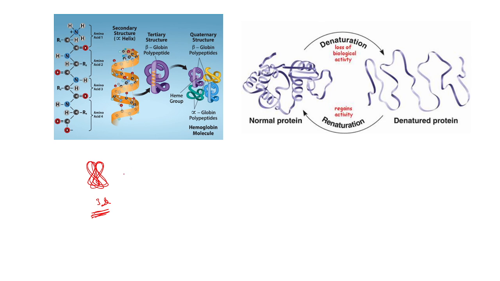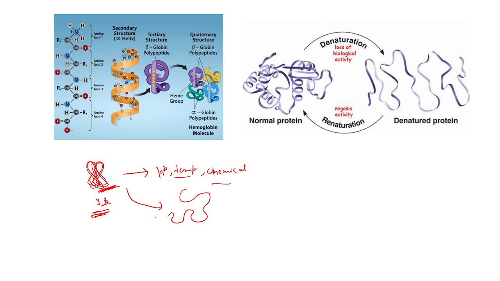But when the protein is subjected to a change in, let's say, pH, temperature, or exposure to some chemical, then this conformation can be changed. That means due to the change in pH or temperature or the chemical, they can be unfolded.